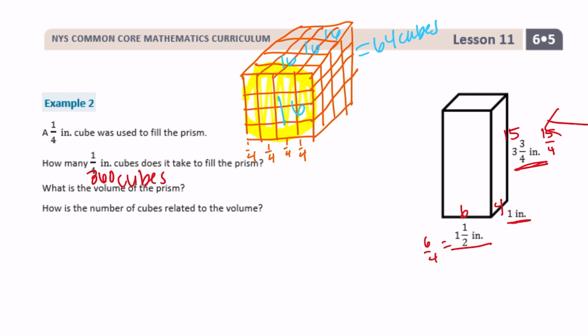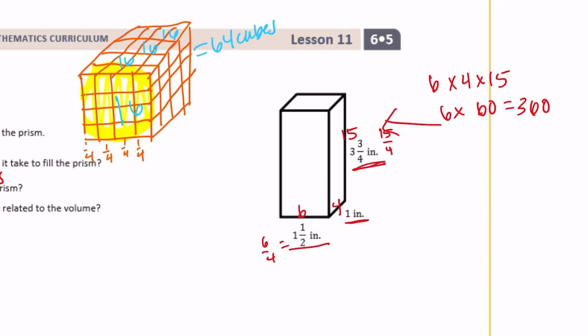What is the volume of the prism? If we just want to know the volume of the prism, what we could do is take those 360 cubes and multiply it by what we just did: 1/4 times 1/4 times 1/4, which was 1/64.